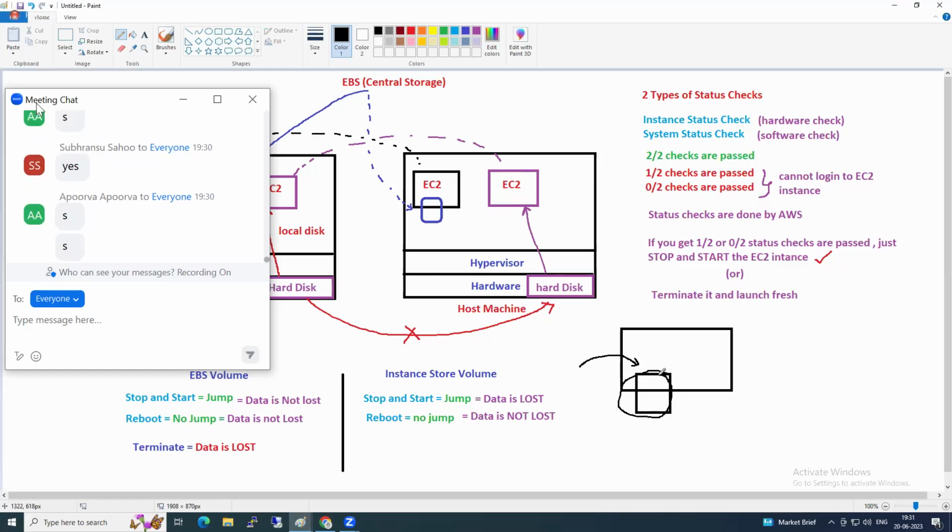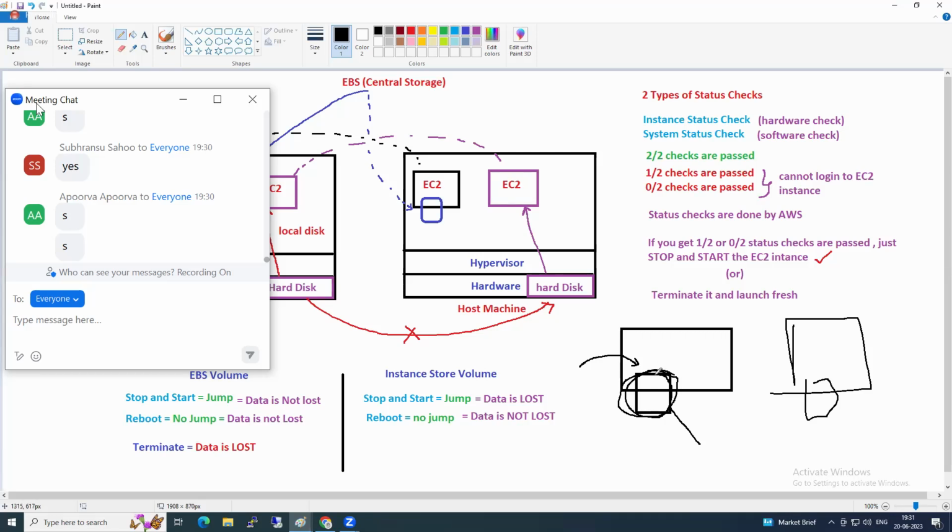Can you detach this root volume and attach it to another EC2 instance? Yes, you can. A root volume can be attached and detached to any EC2 instance, provided it is in the same availability zone. So this root volume can be retained for any kind of requirement.